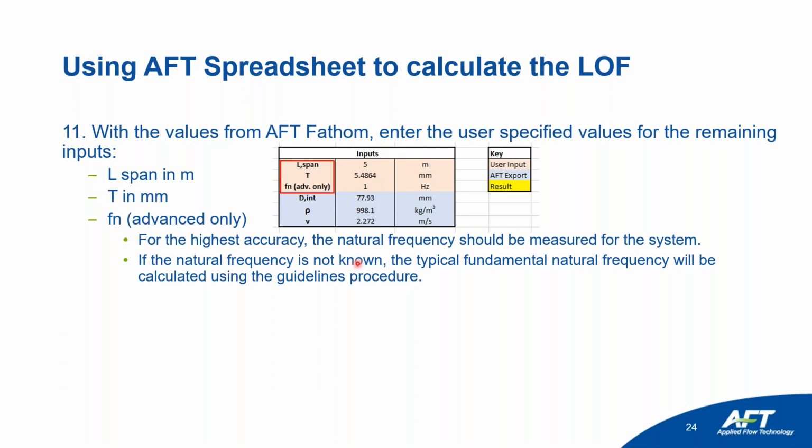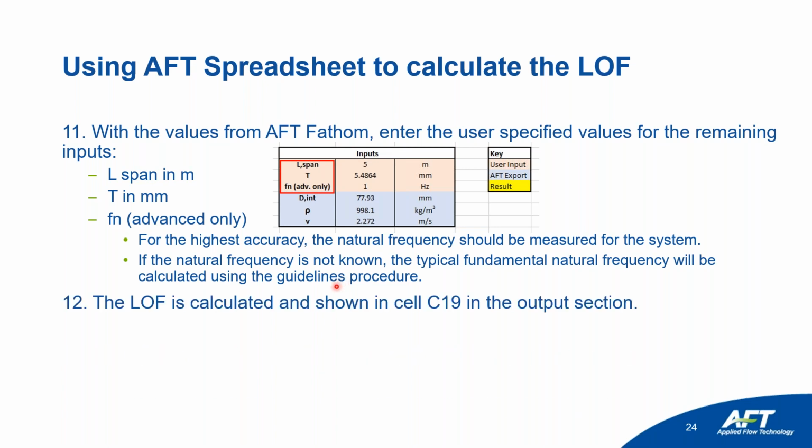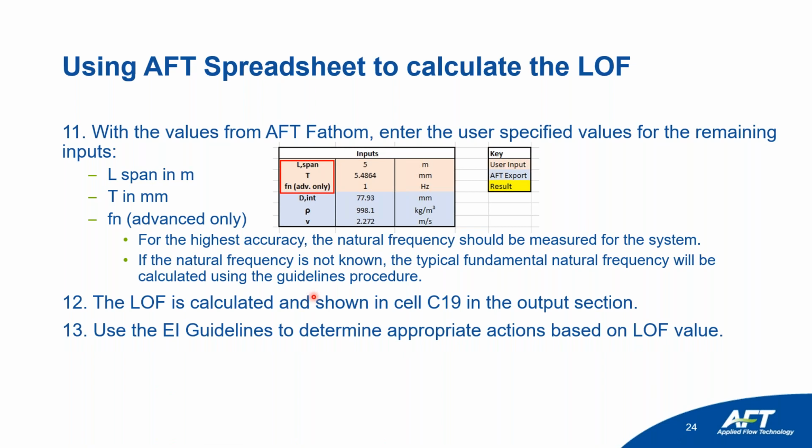If the natural frequency is not known and you can't measure it in the field, the typical fundamental natural frequency will be calculated by the spreadsheet using the guideline procedures. The LOF is calculated as shown in cell C19 of the input section.